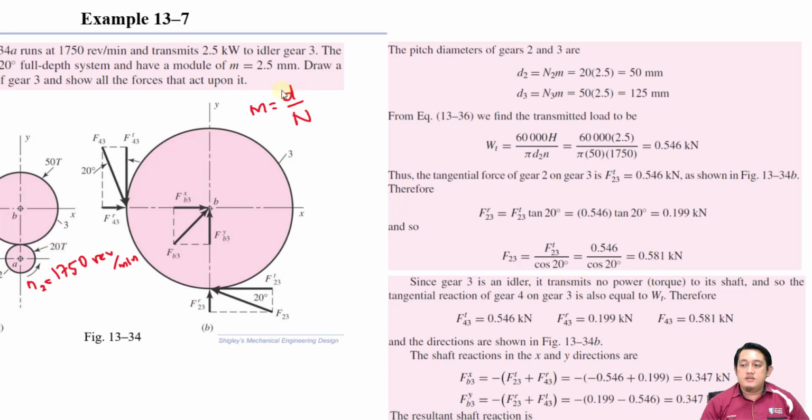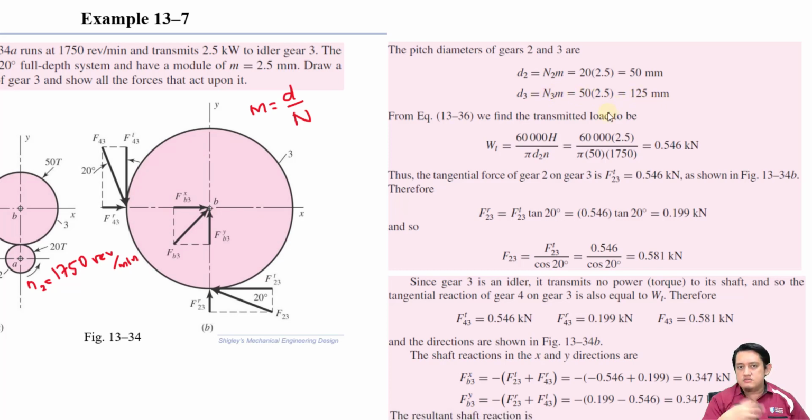Then we can find the diameter using this module. The diameter D2 is equal to 50 millimeter, and the diameter of gear 3 is equal to 125 millimeter.